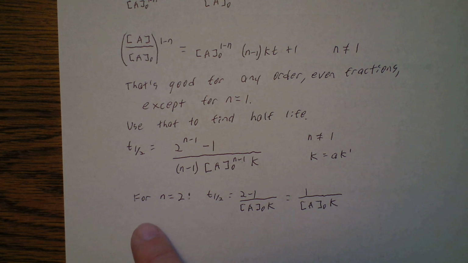Like for n equal to 2, we can confirm what we already found before. t half is equal to 2 minus 1 over the initial concentration of A times k, and that just simplifies. How'd that happen? 1 over the initial concentration of A times k. Oh, 2 minus 1 is 1. Duh. So that confirms what we already did.